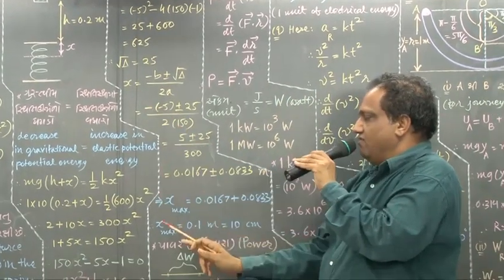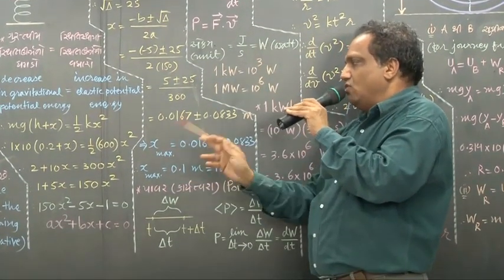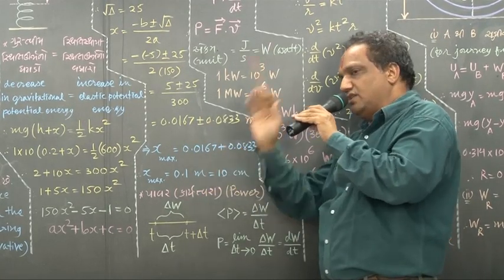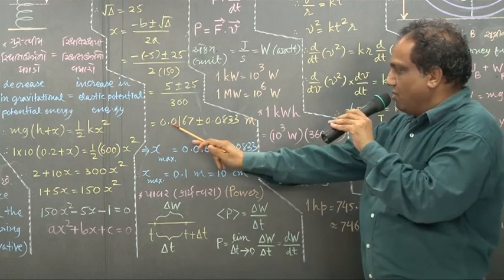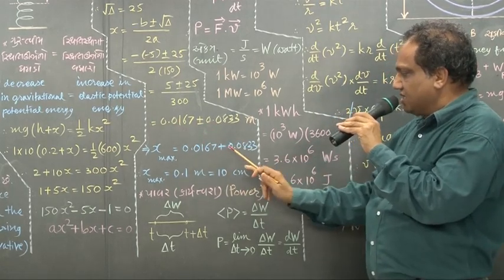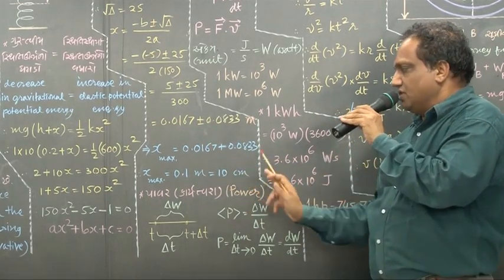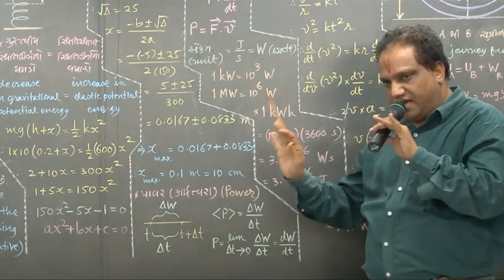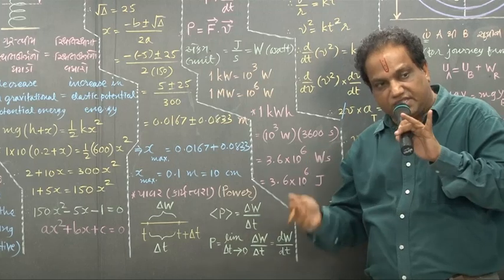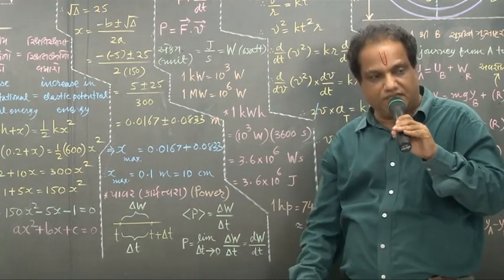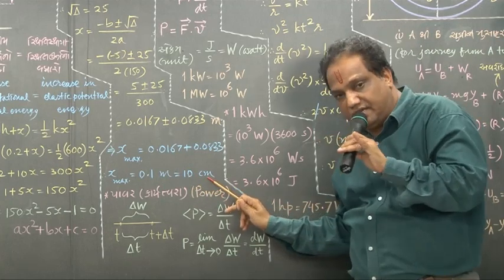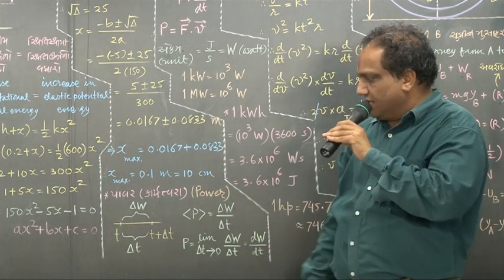So out of plus and minus, because you want the maximum value, you should go for addition. 0.0167 plus 0.0833 comes out to be 0.1 meter. This answer is quite adequate. But if you want the answer in centimeter, you know 1 meter is 100 centimeter. Multiply this by 100, so it will be 10 centimeter. Right? Next.